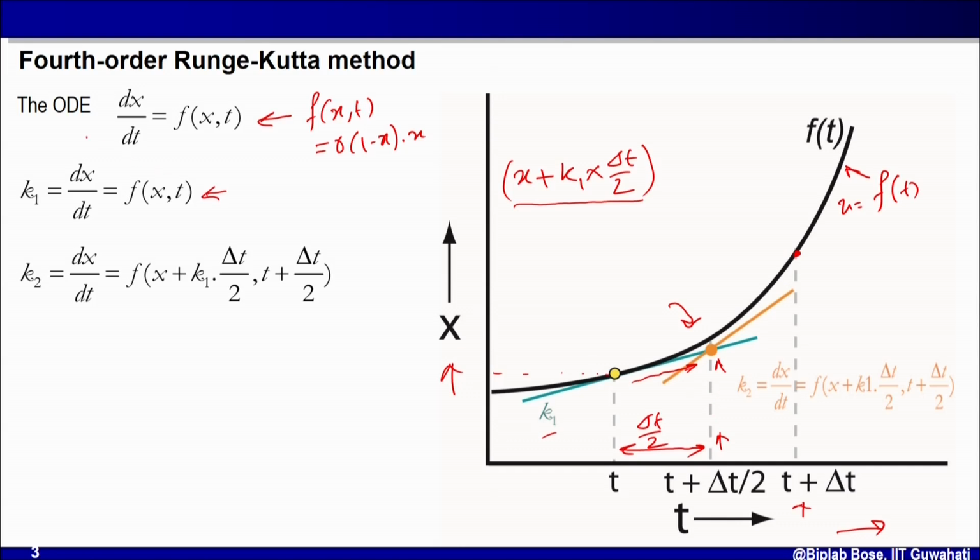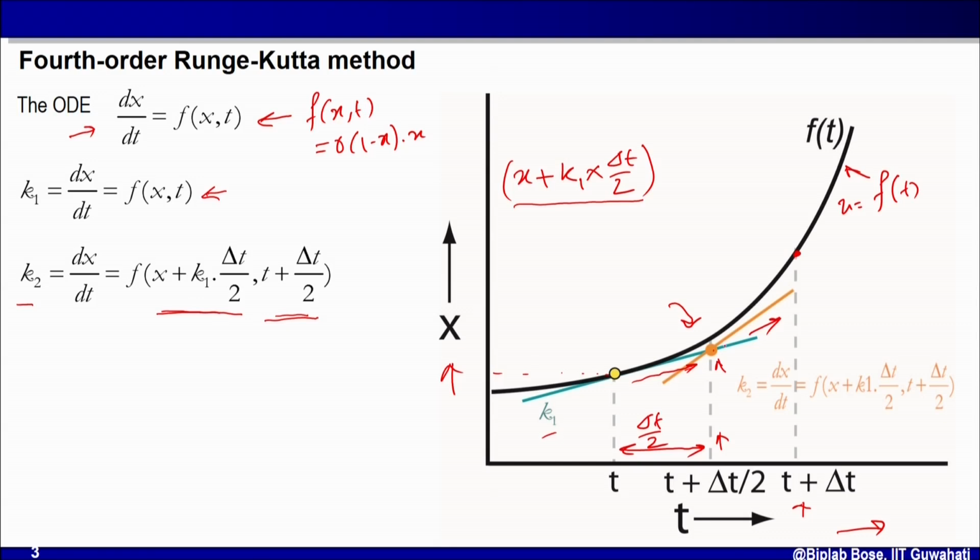So using this differential equation dx/dt, I calculate the slope of this orange line drawn at this orange dot. That will be k2 equal to dx/dt equal to function of x plus k1 into delta t by 2 and t plus delta t by 2, because these positions' coordinates are t plus delta t by 2 and x plus k1 into delta t by 2.